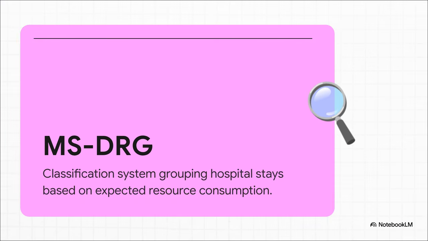To really understand solid organ transplants, we first have to wrap our heads around this concept of global pre-MDC precedence. Normally, in standard grouping, the principal diagnosis determines the major diagnostic category, or MDC, right? But solid organ transplants bypass this entirely. The sheer clinical acuity and intense resource consumption of these procedures literally override all standard organ system MDCs.